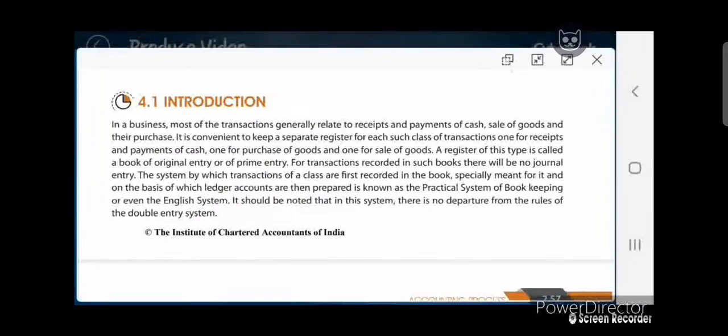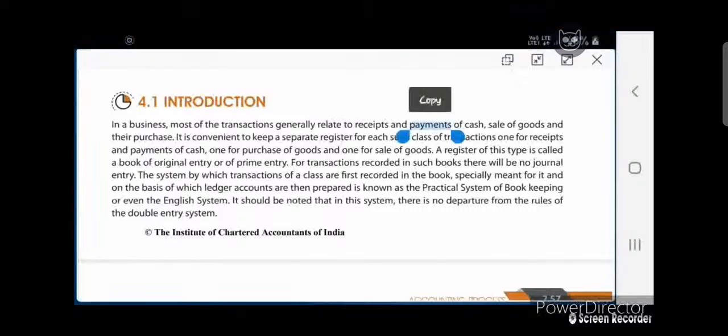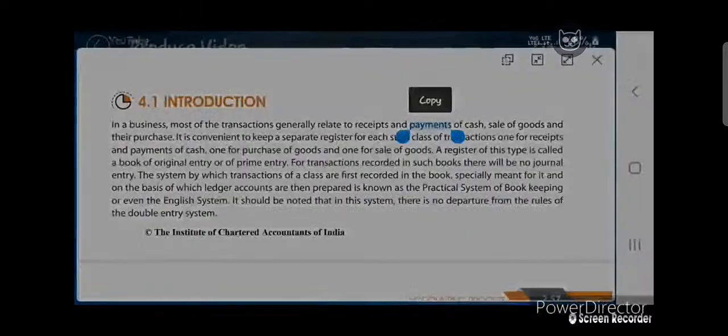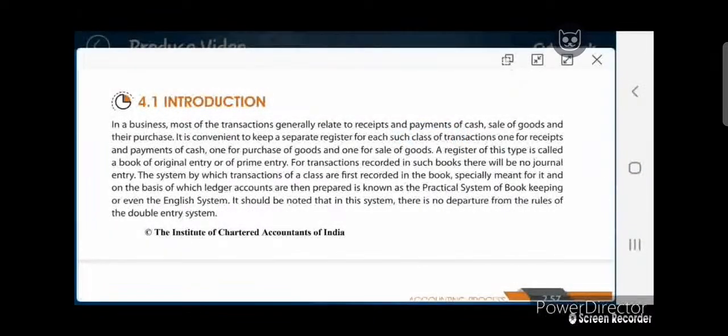The system by which transactions of a class are first recorded in the book that is meant for the writing of such transactions, and on the basis of which ledger accounts are then prepared, is known as the practical system of bookkeeping, or the English system.